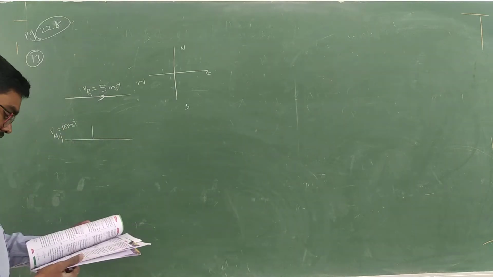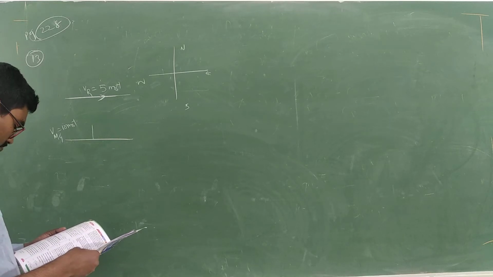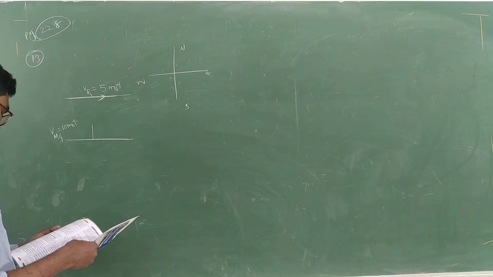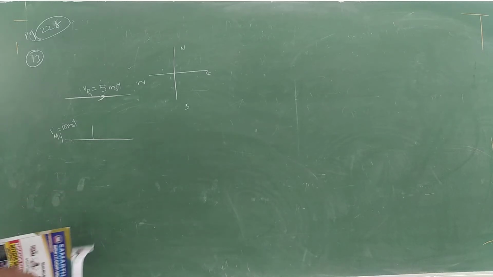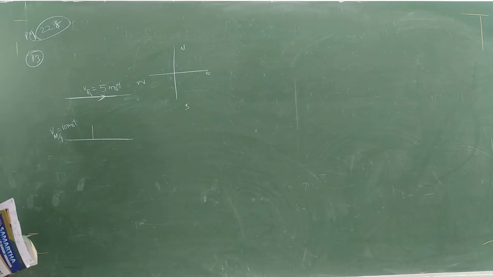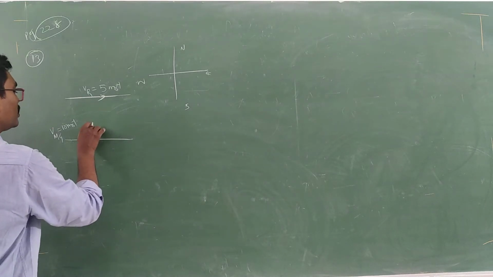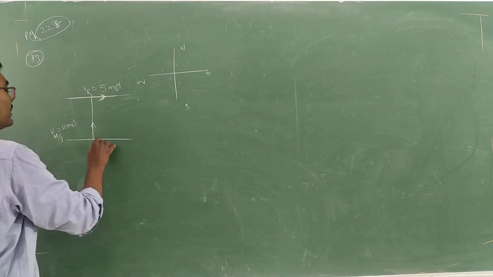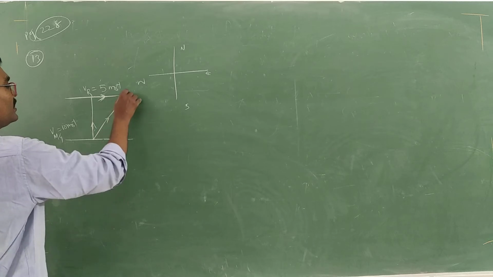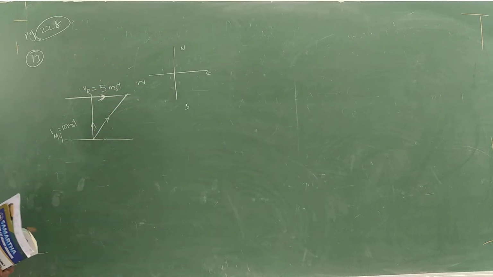He wants to swim across the river in the shortest time, minimum time taken. So what should be the aiming direction? Towards north. It should be perpendicular to the flow of water. Then only he can reach the opposite bank in minimum time.